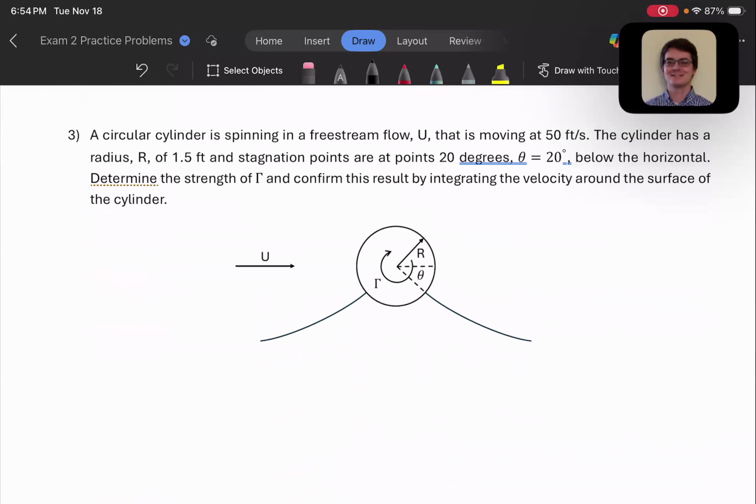Determine the strength of gamma and confirm this result by integrating velocity around the surface of the cylinder. All right, let's get started.